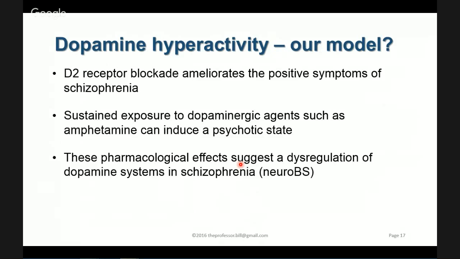Okay, but all of that is actually really misleading because it probably isn't related primarily to a dopamine dysregulation. That's really too simplistic. Are there any questions about this before we get into why it might be too simplistic?